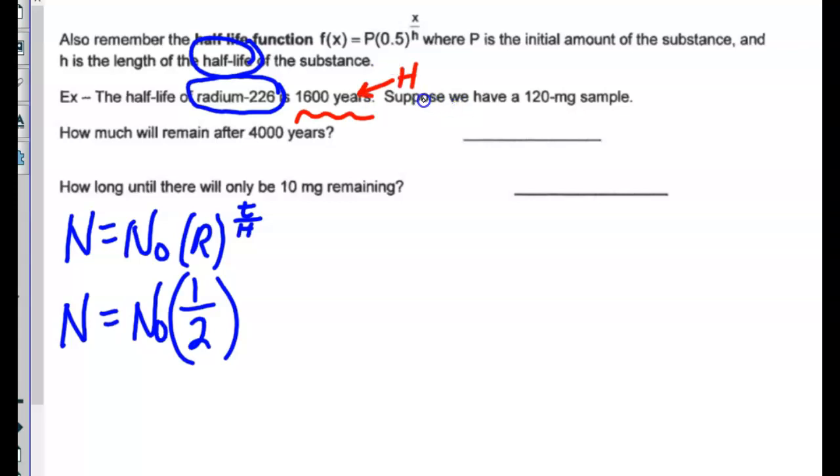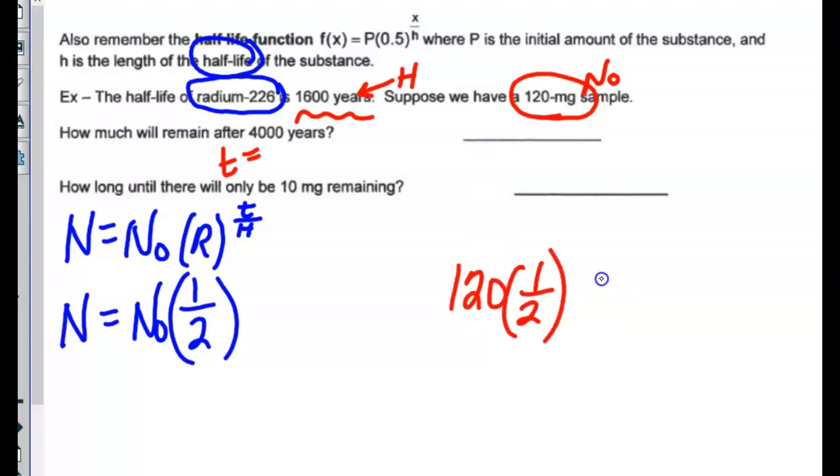That's H. Suppose we have a 120 milligram sample. That's our initial amount. How much will remain after, and that's how much time has passed. So for the first part of the question, we have 120. It is being halved, but it's only being halved every time we hit 1,600, is its half-life.